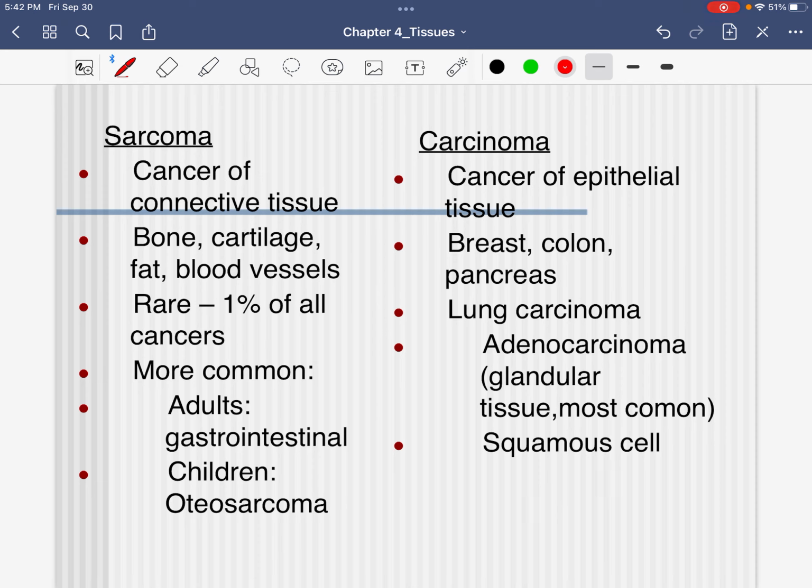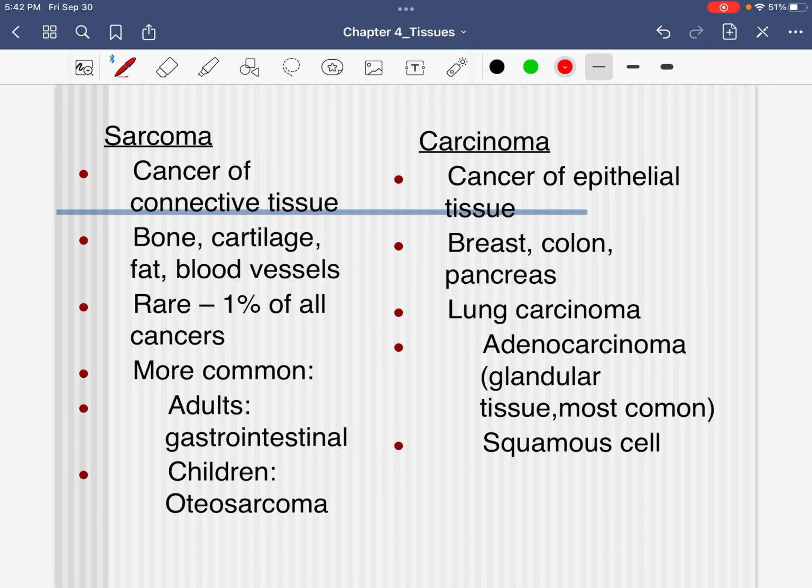This last slide here is just FYI. It would not be on an exam, but because we're talking about tissues, if you're interested, if you've heard of a sarcoma or a carcinoma, you're probably familiar that these are words associated with cancer. But more specifically, a carcinoma is some type of cancer of epithelial tissue.